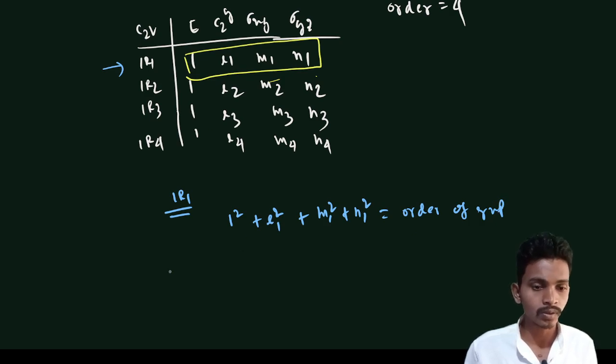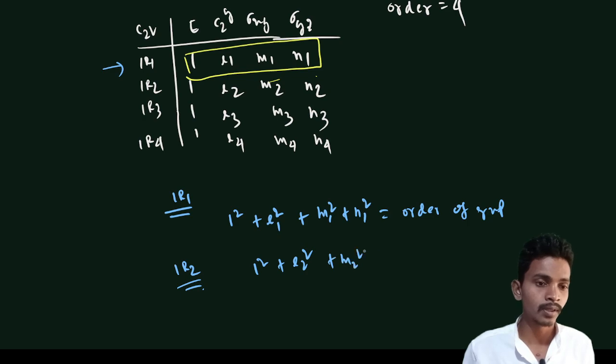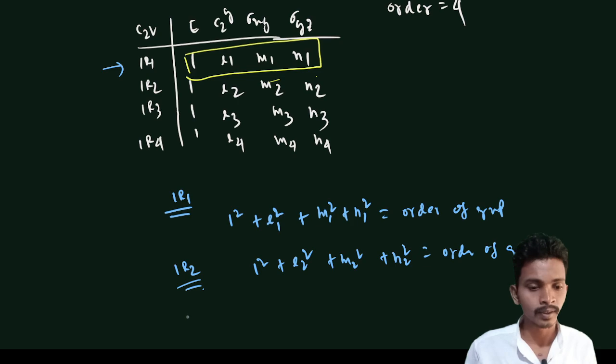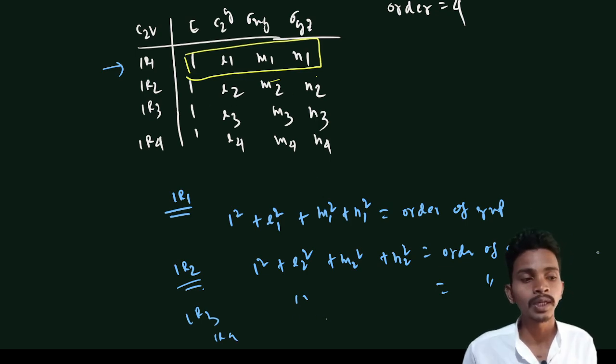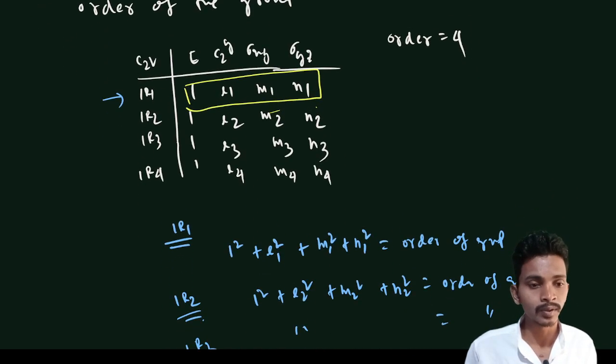Also for IR2, 1 square plus L2 square plus M2 square plus N2 square gives the order of the group. Likewise IR3 and IR4. This is what postulate 3 says: if you add the squares of any irreducible representation, IR1, IR2 or IR3, you always get the order of the group.